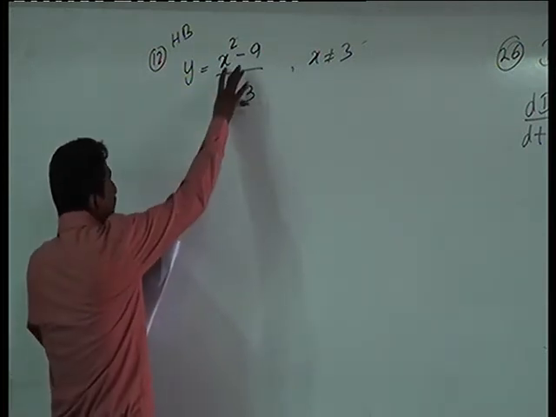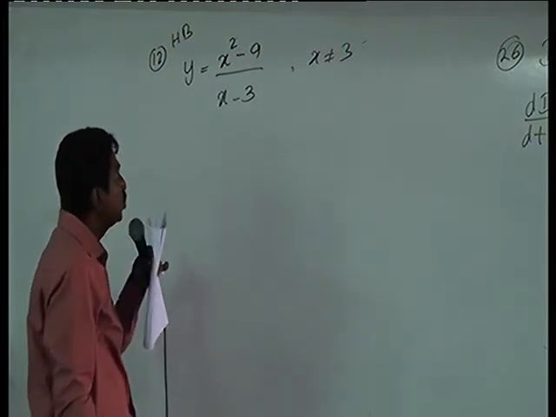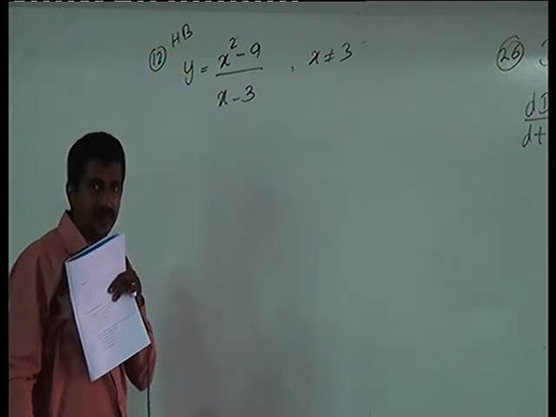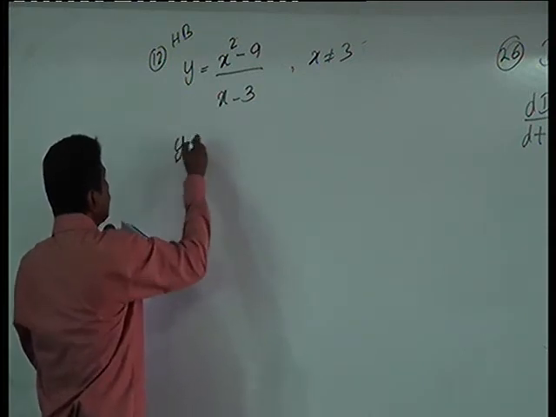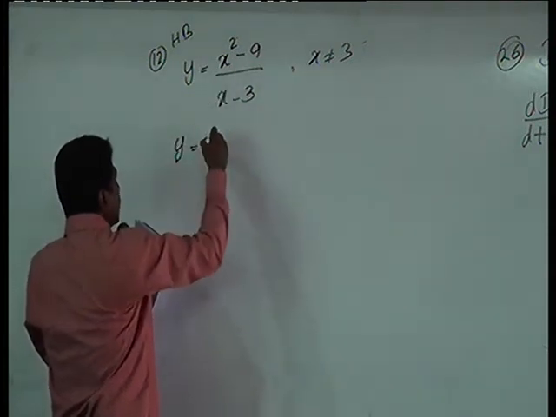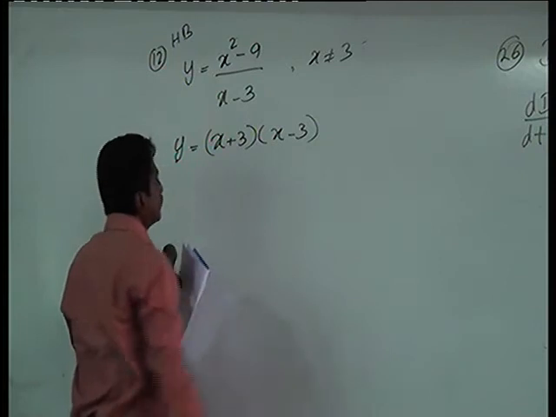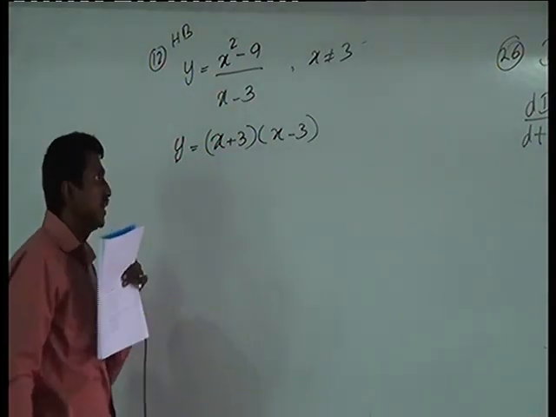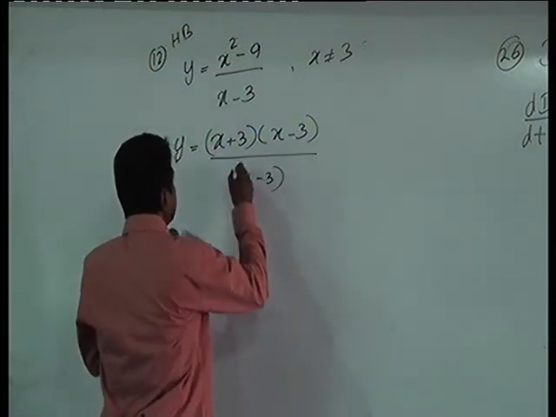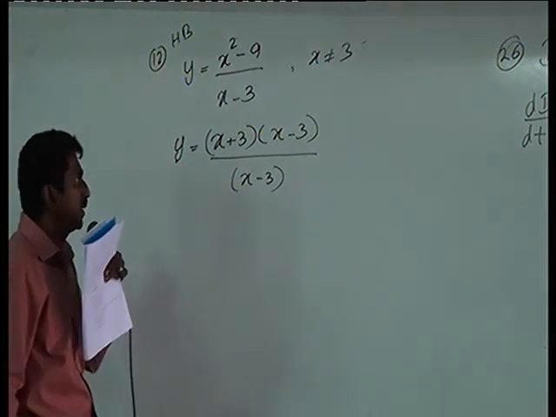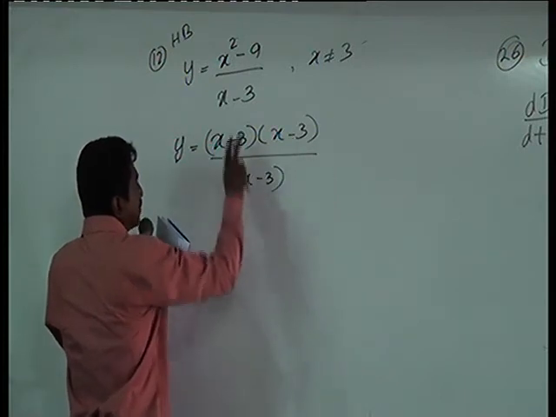We know that x squared minus 9 is the difference between two squares, right? So I can write y equal to x plus 3 times x minus 3, divided by x minus 3, because this is the difference between two squares.